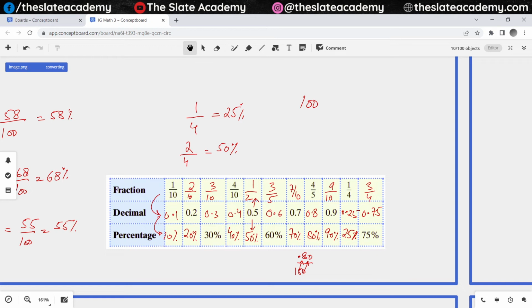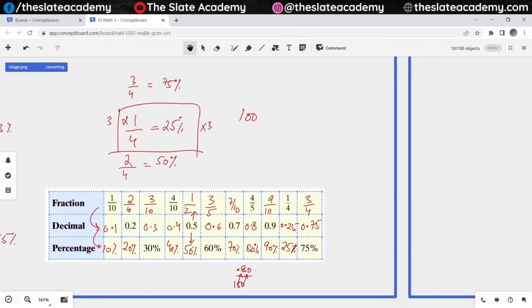Similarly, 3 over 4 is 75%, and 4 over 4 is 100. Every time I have 1 quarter, that is 25%. And if anything is multiplying over here, for example 3, that would multiply on this side as well. So 3 by 4 would be 25 into 3, which is 75%.